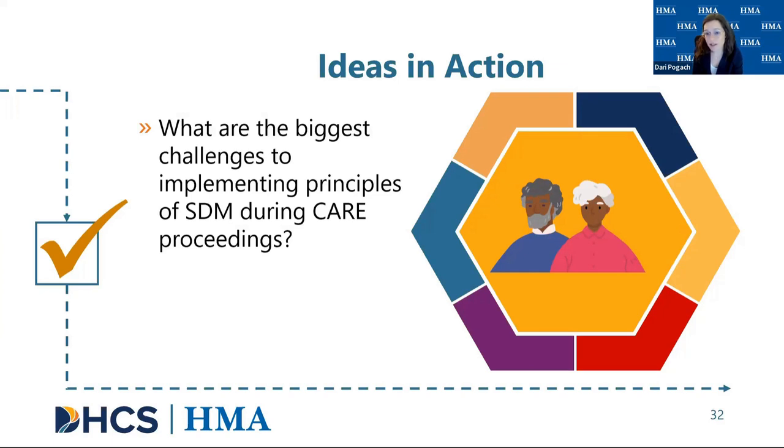I think the other big challenge is setting up a supported decision-making network. We're talking about a lot of individuals who are likely disenfranchised and isolated, may have cut off ties with family and friends, and may also just not have a history of having anyone who they trust or they feel has respected their ability, their capacity, their right to make their own decisions.